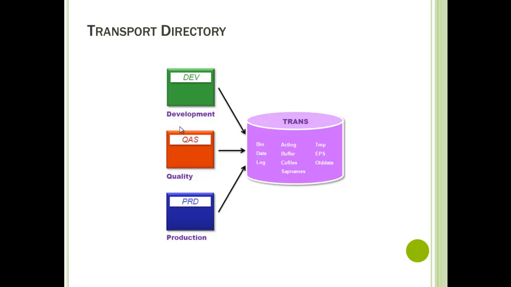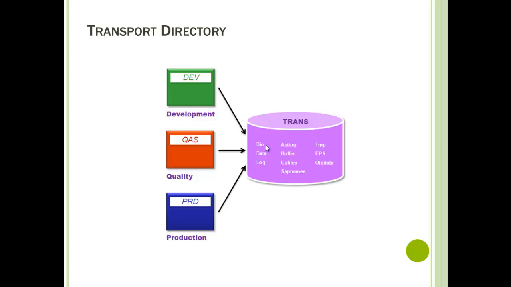Whatever we configure in the STMS needs to be saved somewhere. This will be saved in this particular directory. There are two files you can find: tp_domain name.pfl and domain.config.